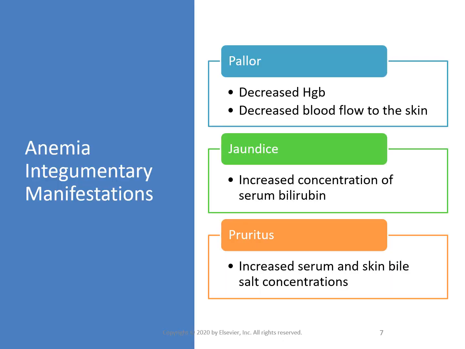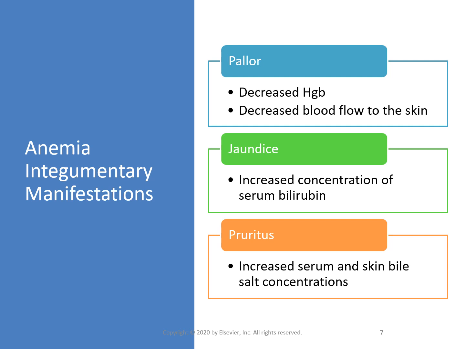Now, the skin will manifest signs of anemia: pallor. Students love pallor. Pallor is paleness. And a lot of times we can assess the anemia where? We look in the conjunctiva, and we know that that person is anemic because of the pallor of the conjunctiva. Jaundice is the serum increased concentration of bilirubin, and that's the yellowing of the skin.